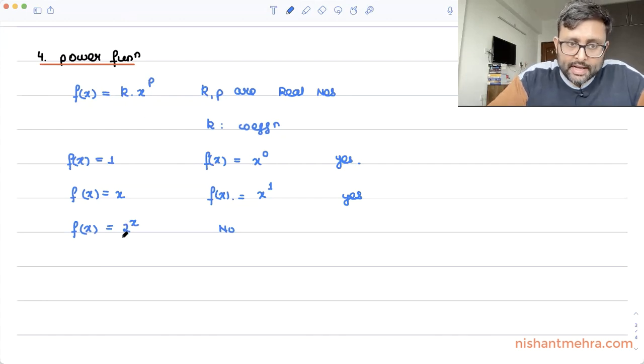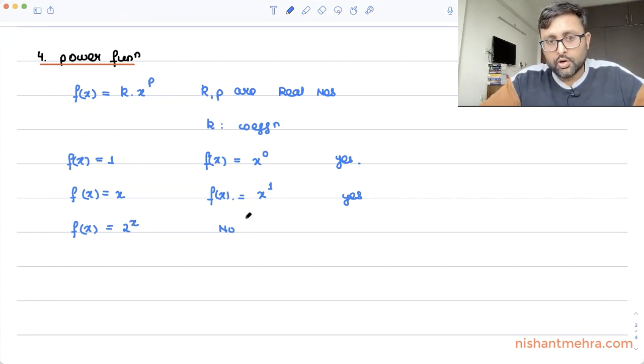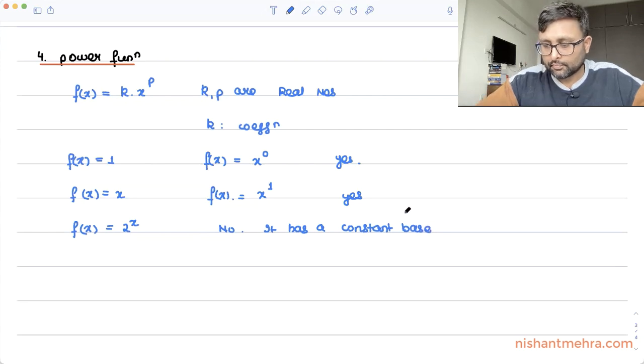Here you have a constant base and the variable as the power. So that is an exponential function, not a power function. It has a constant base raised to a variable power.